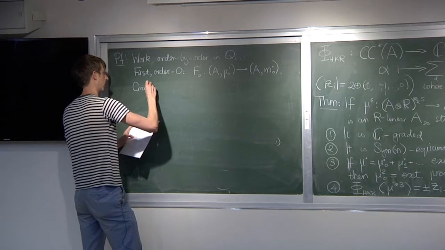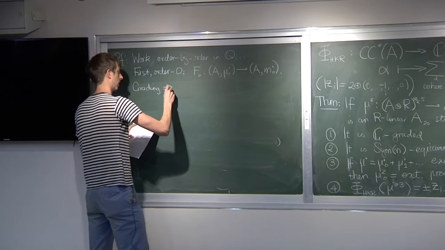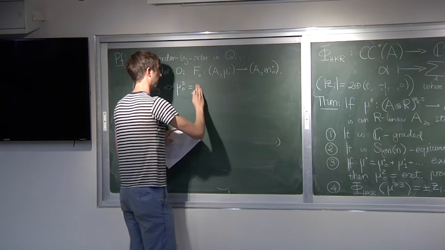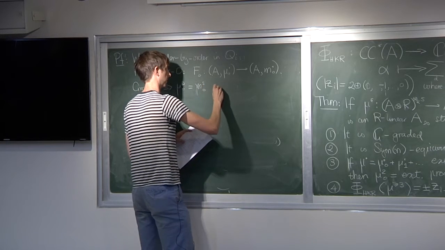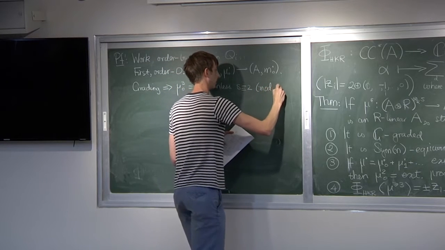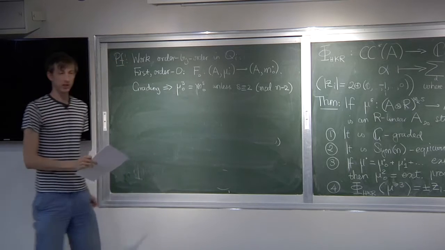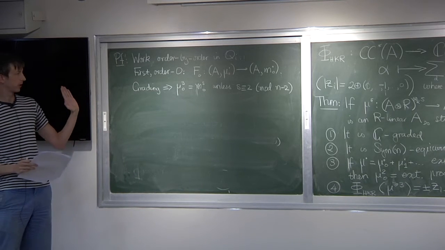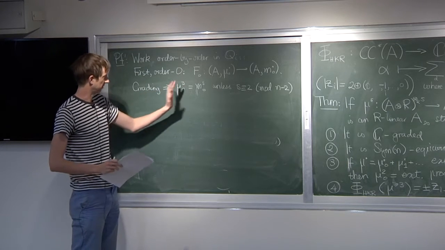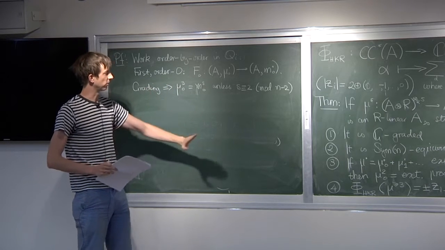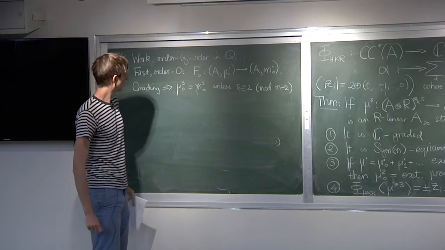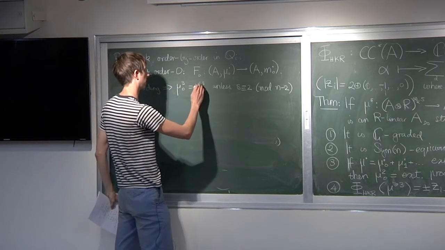So first, using all the gradings that I just wrote up on the board, you can just check that the A infinity operation with s inputs can only be non-zero if s is congruent to 2 mod n minus 2.